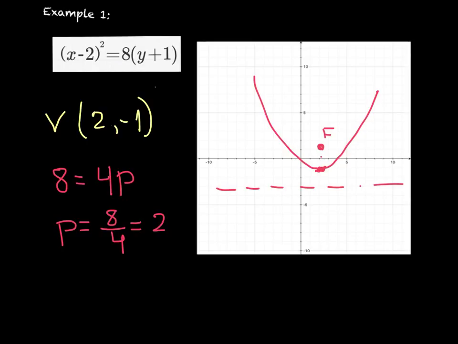So the coordinates of the focus are (2, 1). And the equation of the directrix is y equals -3, which is 2 units down from the vertex.